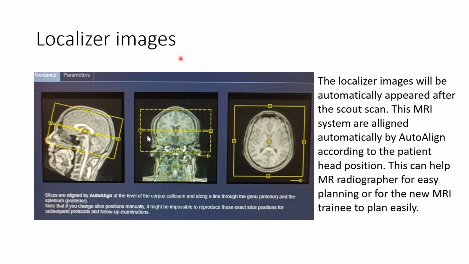This MRI system is aligned automatically by auto-align according to the patient's head position. This can help the MR radiographer plan easily, or a new MRI trainee to plan easily. So it will give us three scout images: sagittal, coronal, and axial.